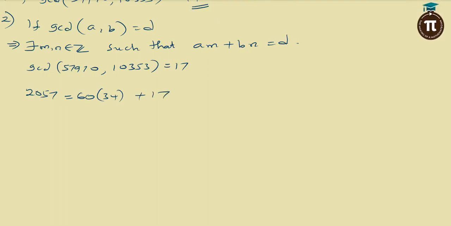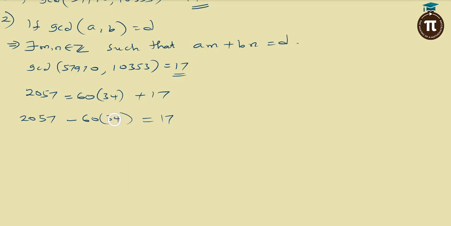So I will make 17 the subject of formula. Don't forget, 17 is the greatest common divisor. That is what I'm trying to do. Make 17 the subject. I have 2057 minus 60 times 34 is equal to 17. That is the first thing you need to do.